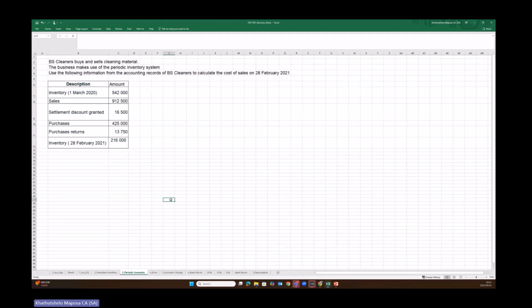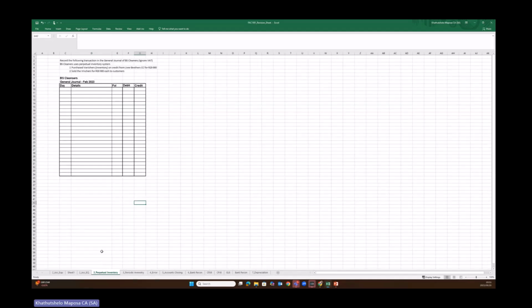After the count, we determine the value of that inventory, and we are told the closing inventory at the end of the period was worth this much. That is the main difference.